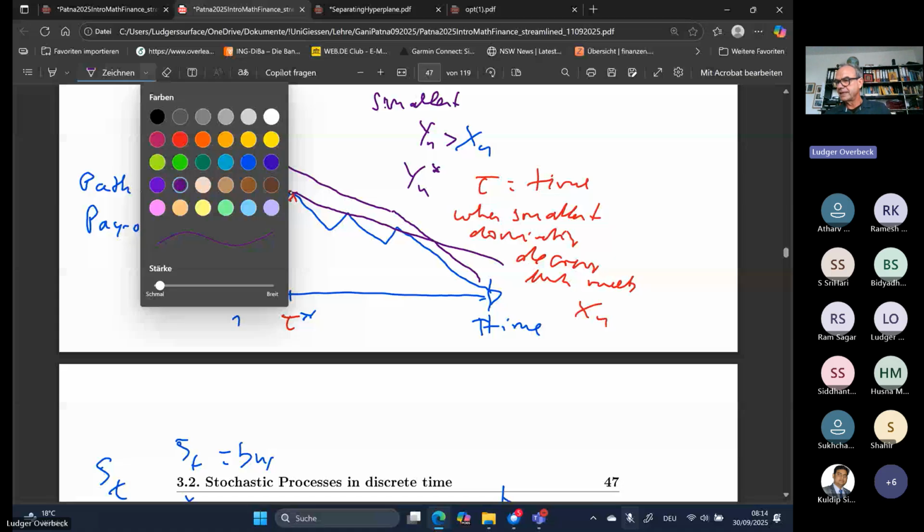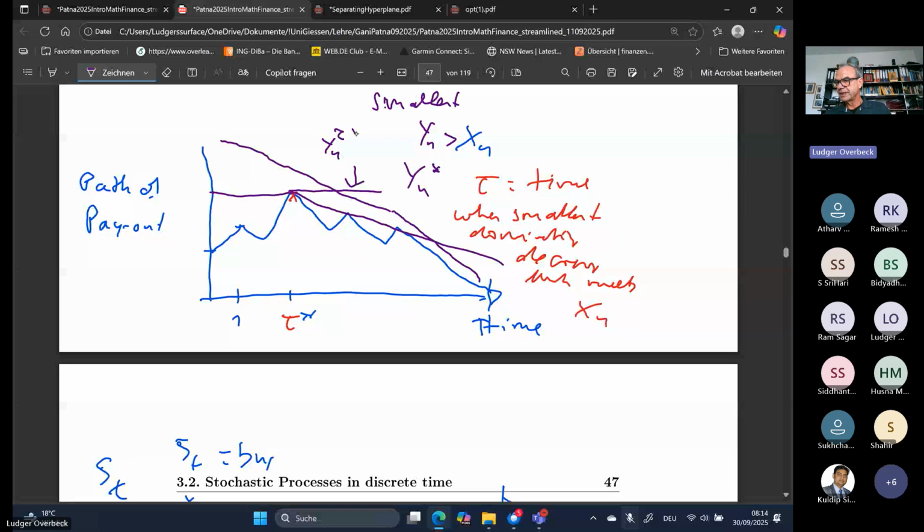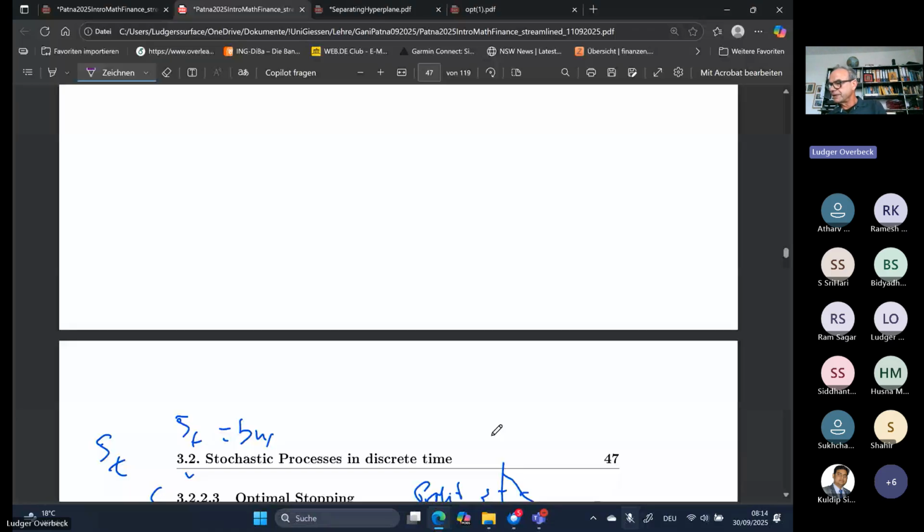So this line is the Y_n stopped at tau star. It remains at the value of tau star. And that's a martingale. In a deterministic world, martingales are constant functions. In probability, it's just constant in expectation.